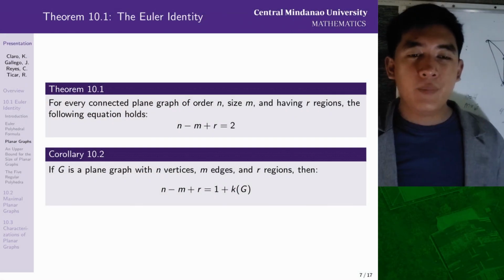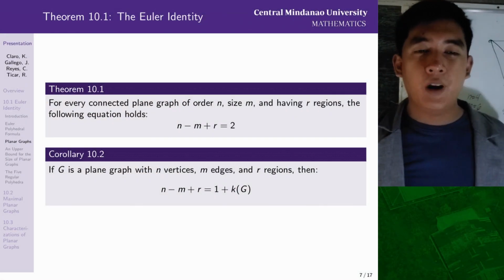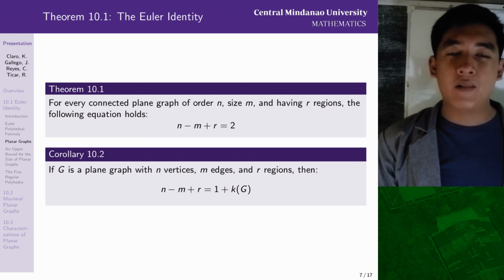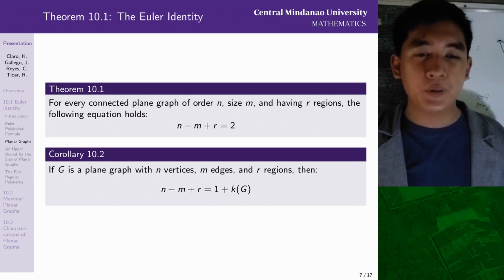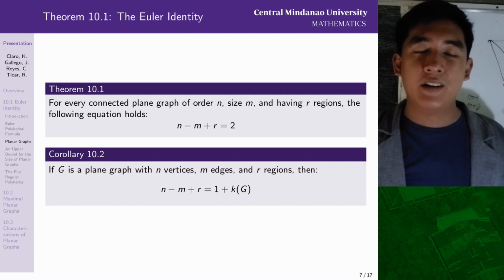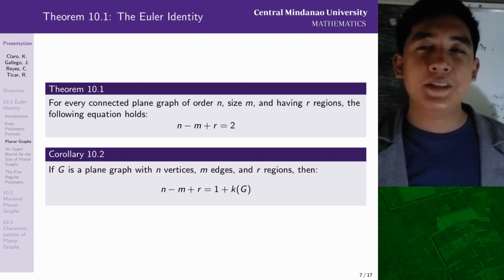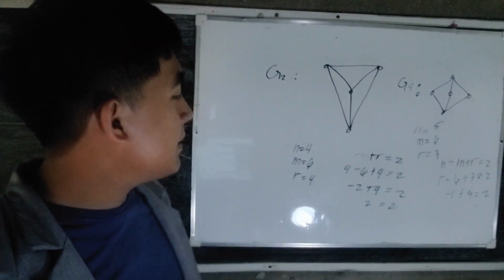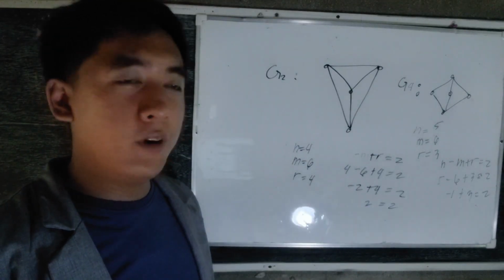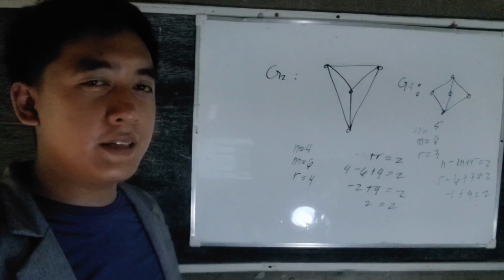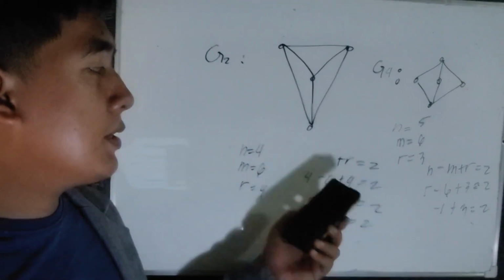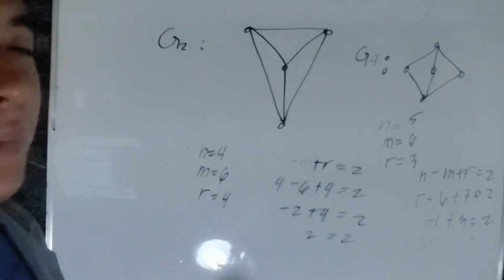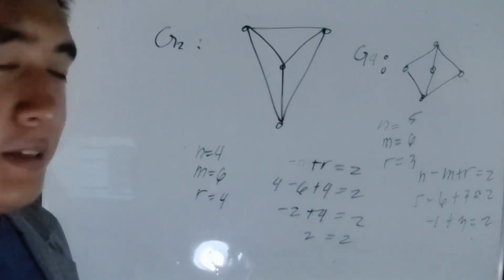Theorem 10.1, the Euler identity. For every connected plane graph G of order n, size m, and having r regions, the following equation holds: n minus m plus r is equal to 2. Let us consider a connected plane graph G2 having 4 vertices, 6 edges, and 4 regions. By following Euler's identity formula, n minus m plus r should equal 2, where we have 4 minus 6 plus 4 is equal to 2.